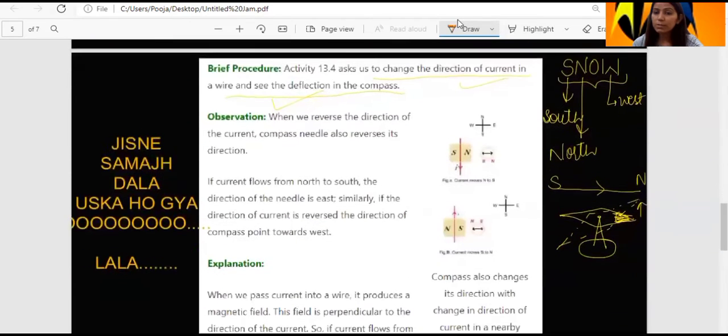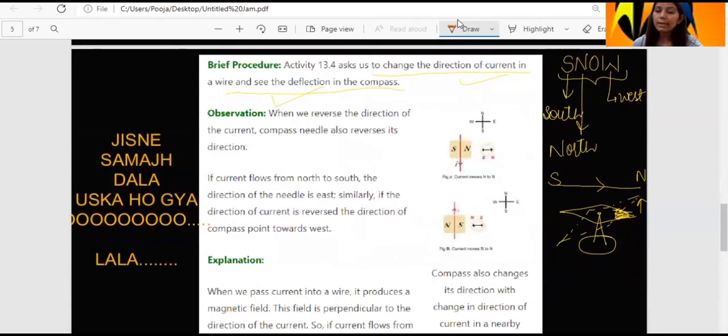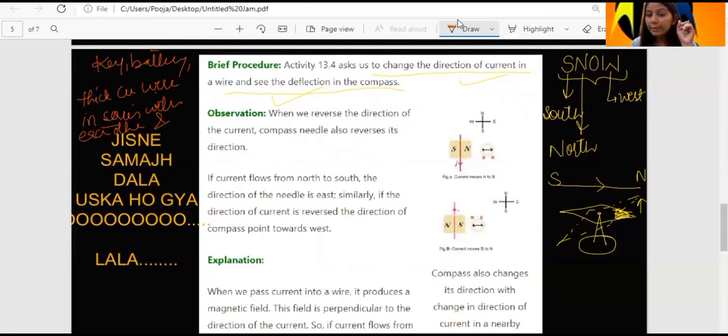In this procedure, connect the key, battery, and thick copper wire in series with each other, and place the compass near the thick copper wire in the horizontal position. So this is the first point of that procedure.